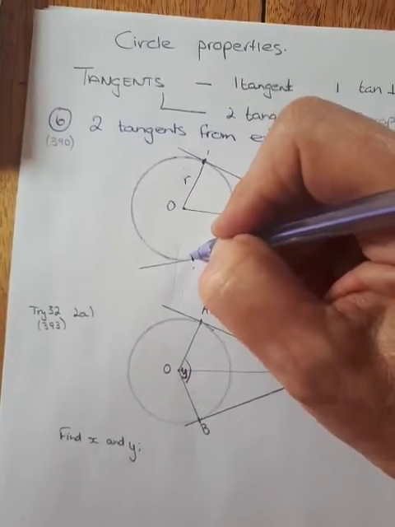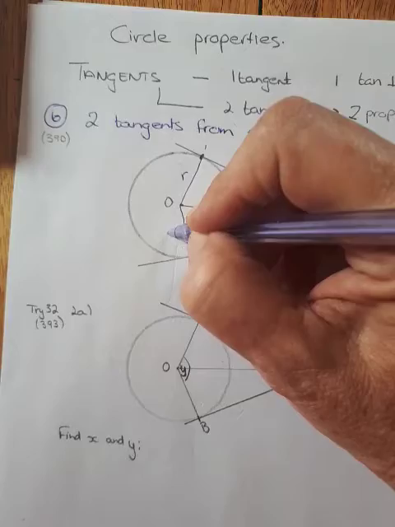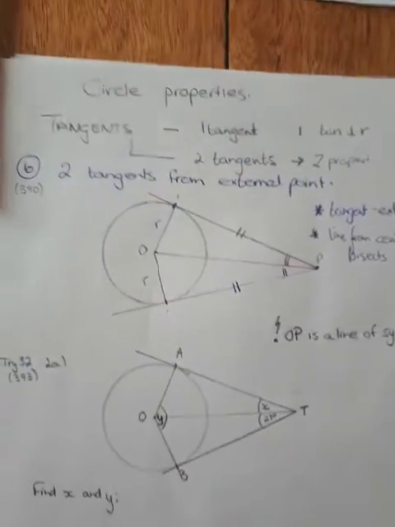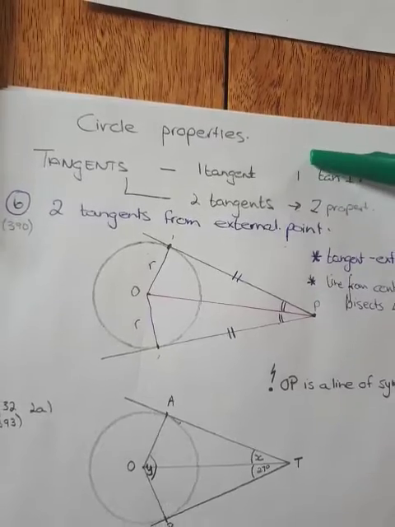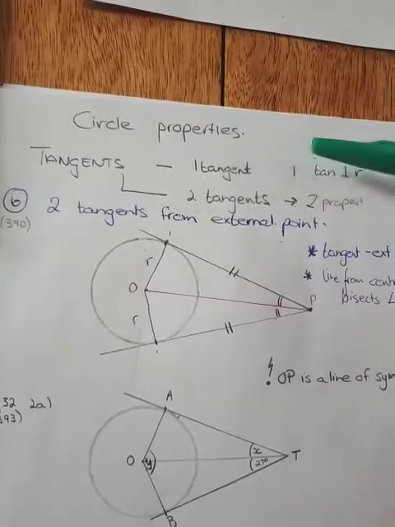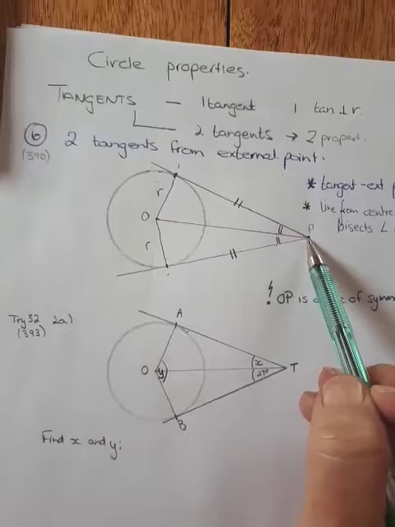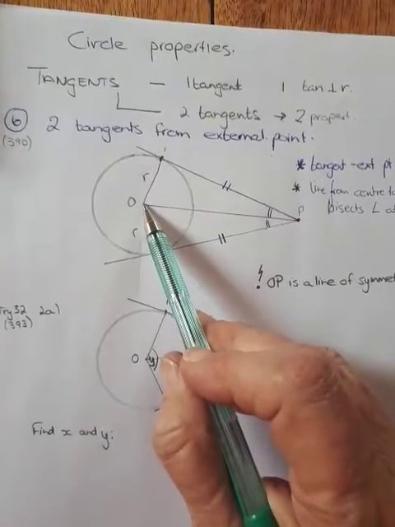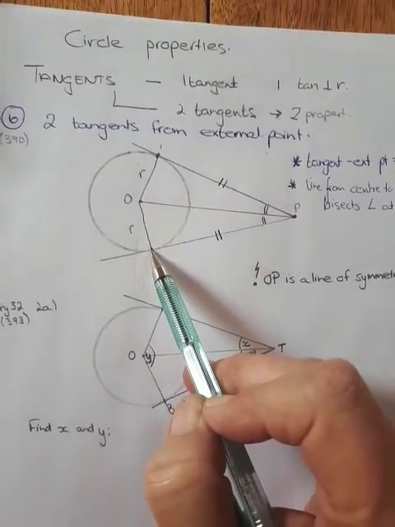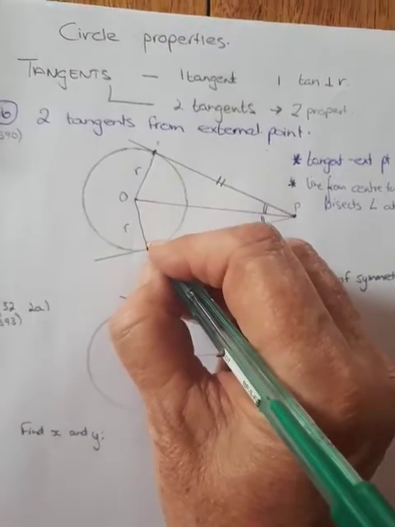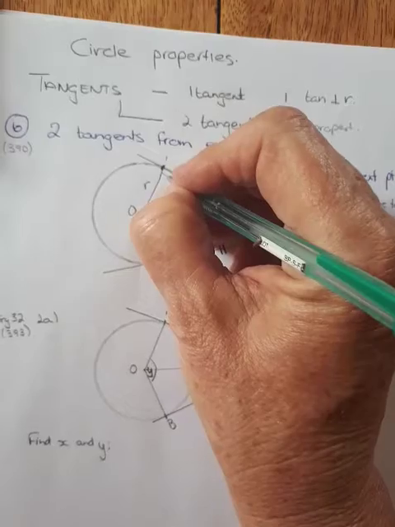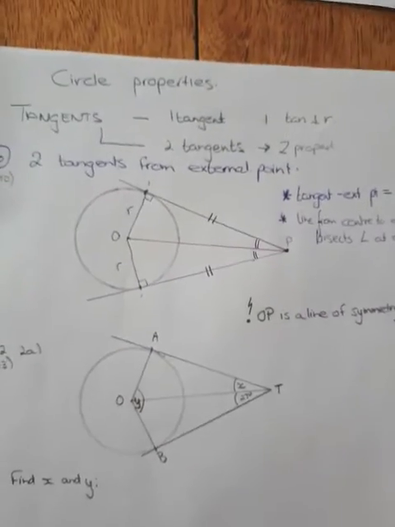And when I do the same on this side, that is also the radius. Now let's go back quickly to the previous law of circle properties, where we have one tangent. Remember, when a tangent touches and intersects with the radius, this angle is 90 degrees and this angle is 90 degrees.